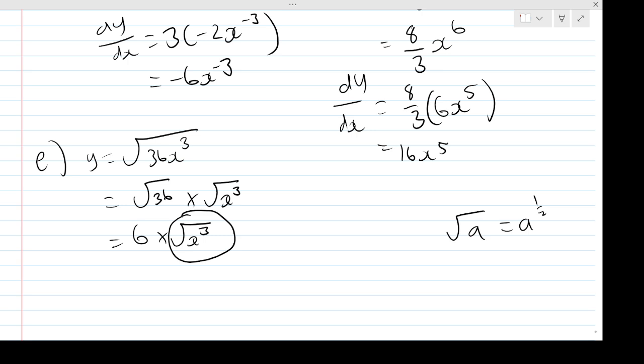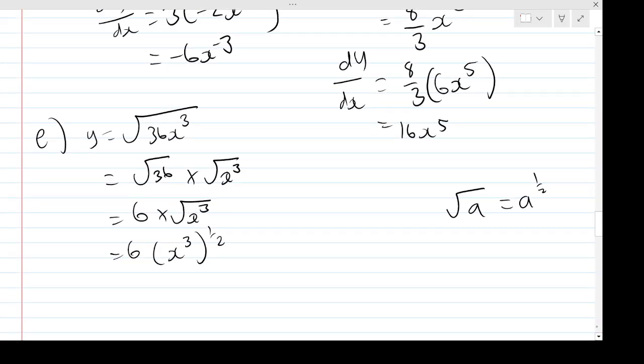Remember, a power of a half is the root, okay? So then we can say that's 6 lots of x cubed, all raised to the power of a half. And then we can times the powers together, because then it's going to be 6x to the 3/2. And now we're in a position where we can differentiate, because now we just have a power of x in this way, okay?